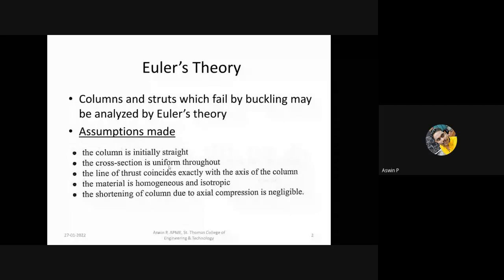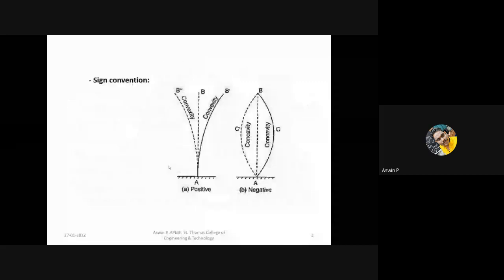And while doing this, we need to know the sign convention. It's very important. Don't confuse it with previous examples. For a column, when we are taking a long column, we must be very careful whether it is positive or negative.